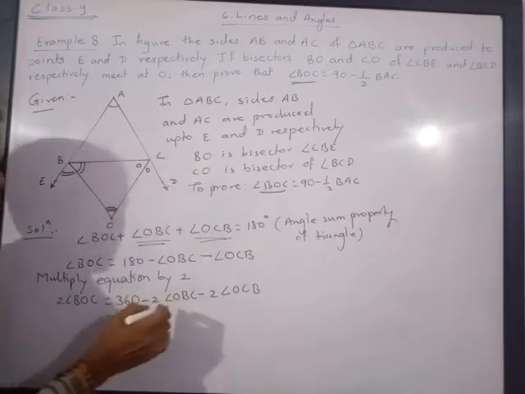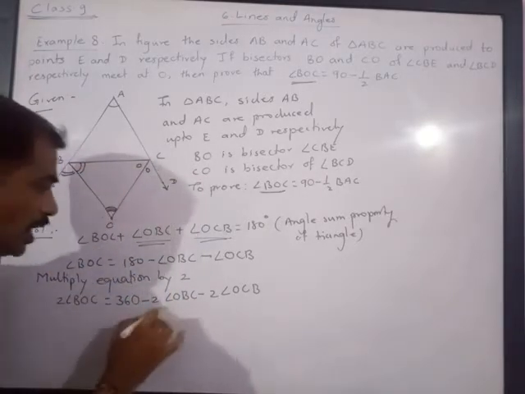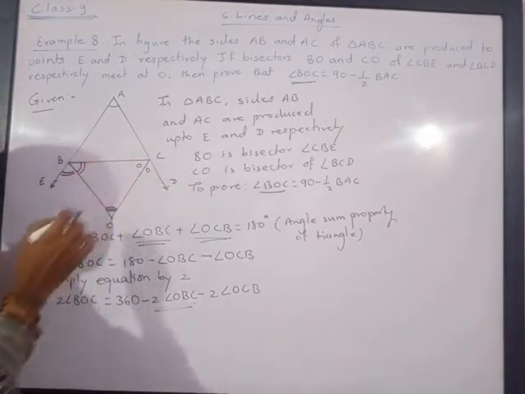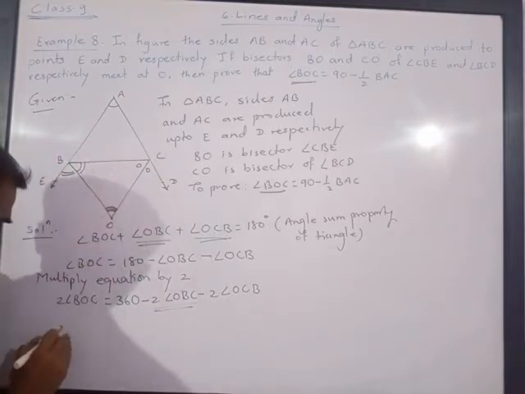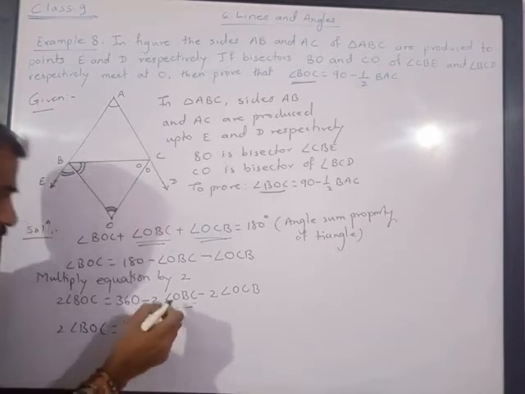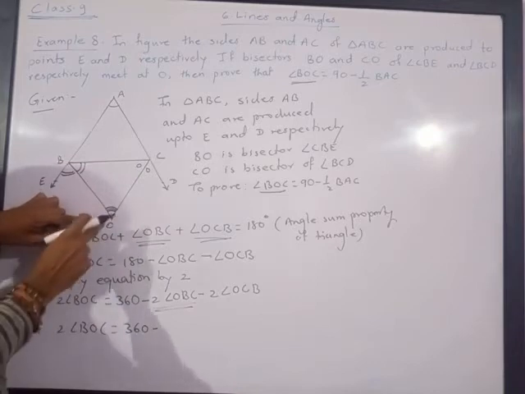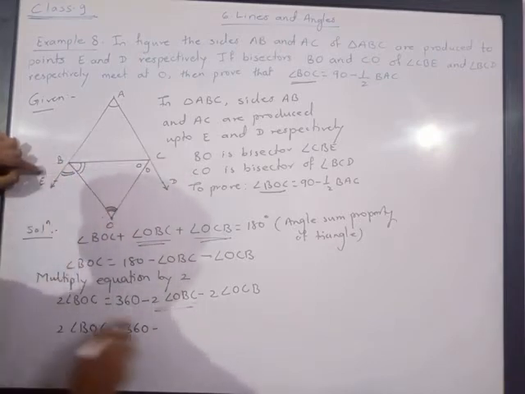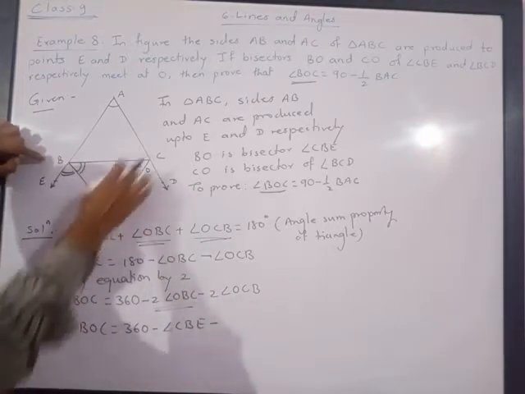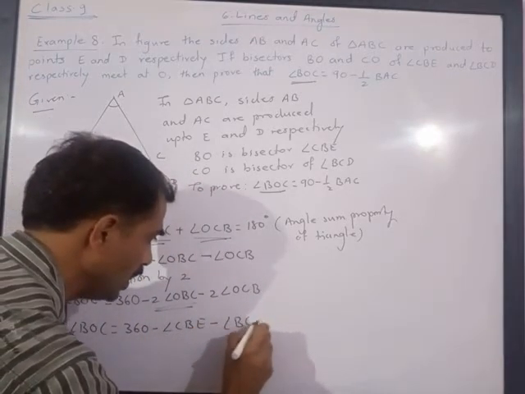Since BO and CO are the bisectors, twice OBC is equal to angle CBE, and twice OCB is nothing but angle BCD.